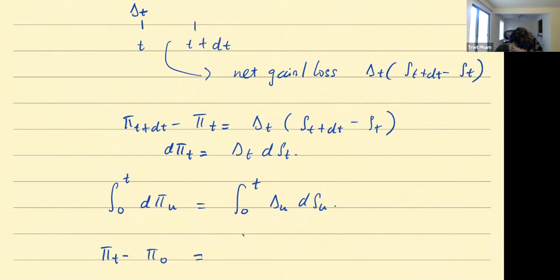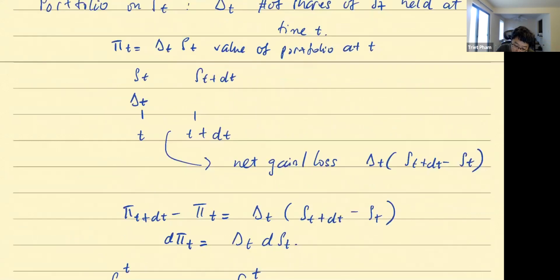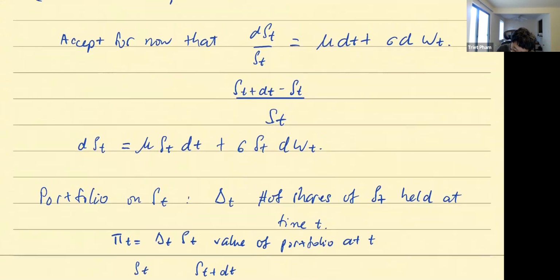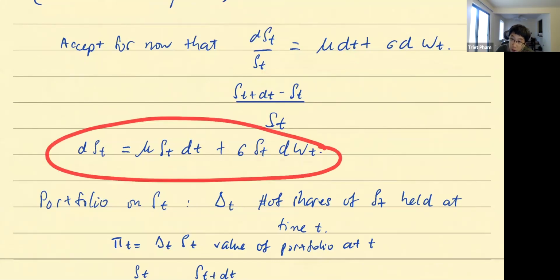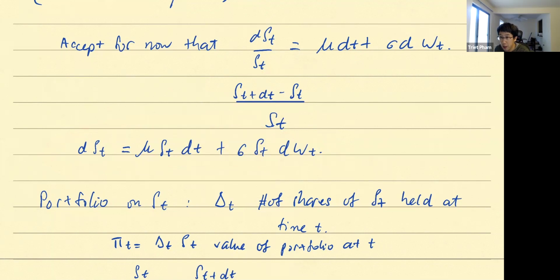Let's investigate what happens on this side. Delta t stays the same. What do I know about the movement of my stock? From the rule of the percentage return, I figure out the movement rule of the change in stock.